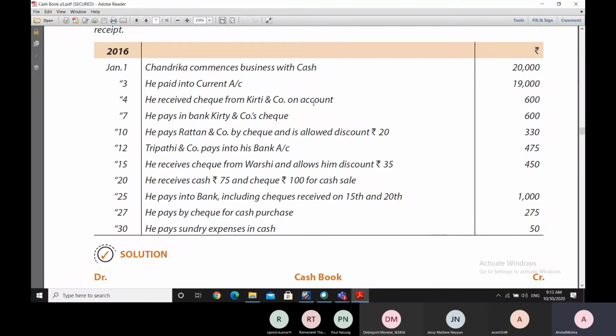So that is a sort of on-account relationship where Kirti and Company's account is being maintained by Chandrika. Now a check is received from Kirti and Company on account.